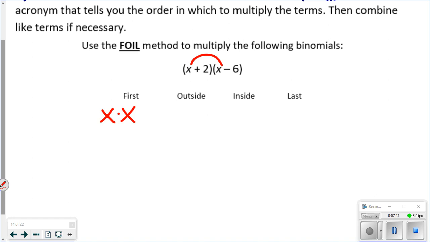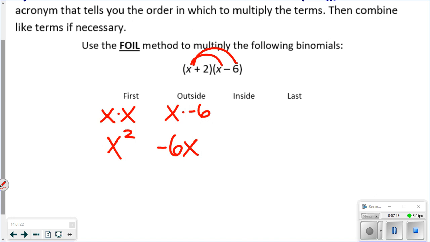Okay, so x times x is x squared. Then I multiply my two outside terms, which is just distributing this x to negative 6. So my outside terms, the first and the last terms, are x times negative 6. So that would be negative 6x.